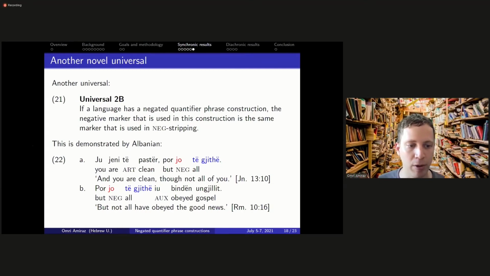And in 22b, we have an independent clause, a negated quantifier phrase construction, "but not all have obeyed the good news." So in both cases, the negative marker is jo, and crucially, in standard negation, the negative marker is nuk, so it doesn't have to be like in English that "not" is used all over the place, but the same marker would be used in these two constructions.